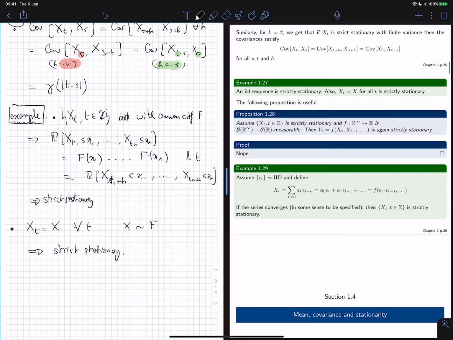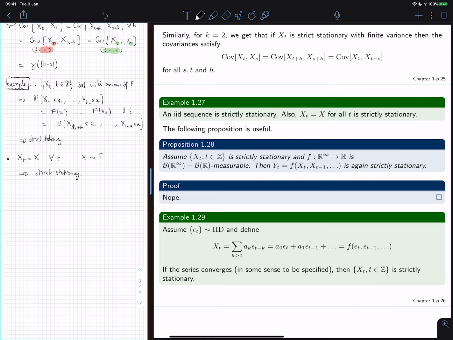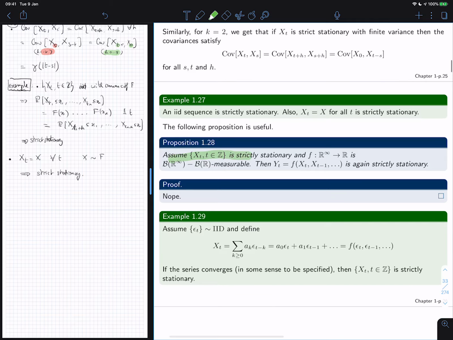This is a useful result which we do not prove because it needs a lot of vocabulary, which we're not going to do. It just says that if you have a strictly stationary sequence, and any measurable function of this strictly stationary sequence, then if you make this into a process, you have again a strictly stationary process.